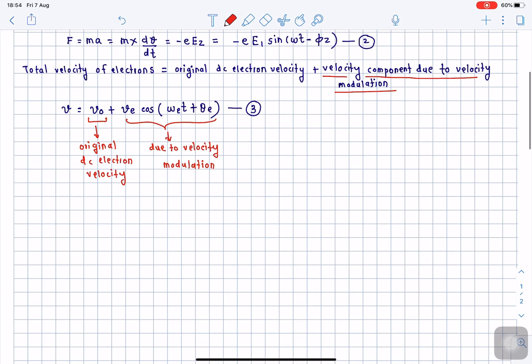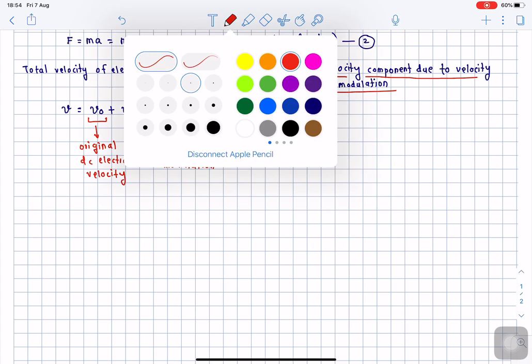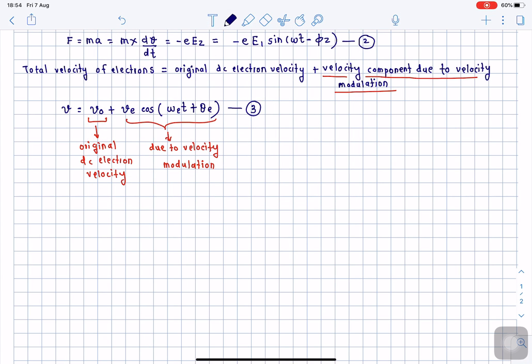What we do is substitute equation 3 into equation 2 above.